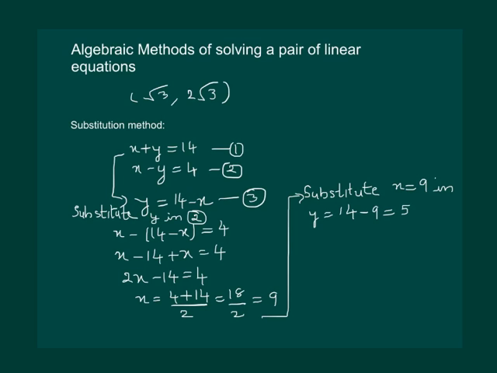So hence we have substituted the value of one variable in terms of the other variable to solve the pair of linear equations, and that is why this method is known as substitution method. And finally we write that x equal to 9 and y equal to 5 is the solution of the given pair of linear equations.